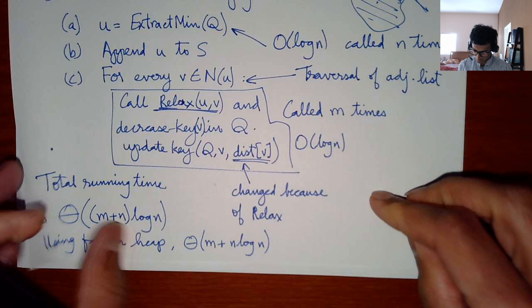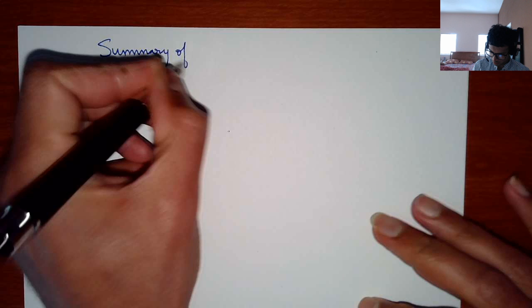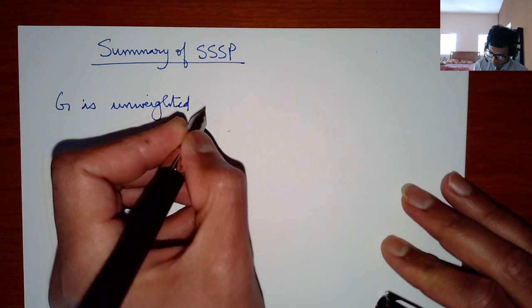So this is a summary of single source shortest paths. If G is unweighted, then you do BFS. And as we all know and love, it's theta of m plus n.